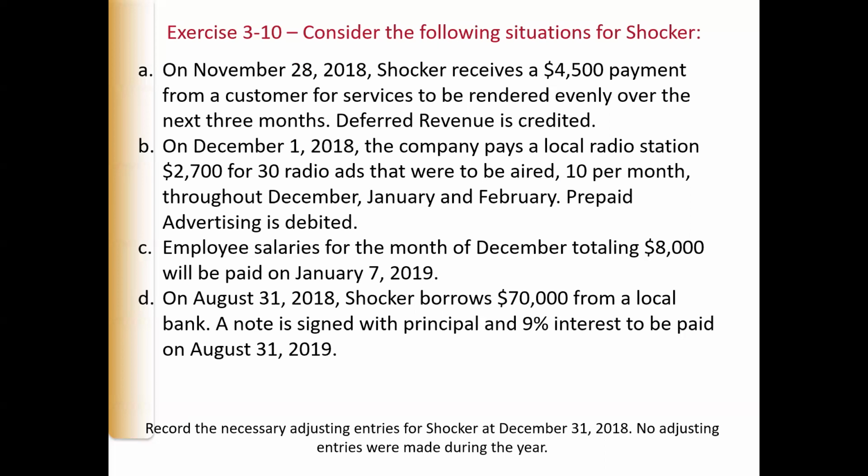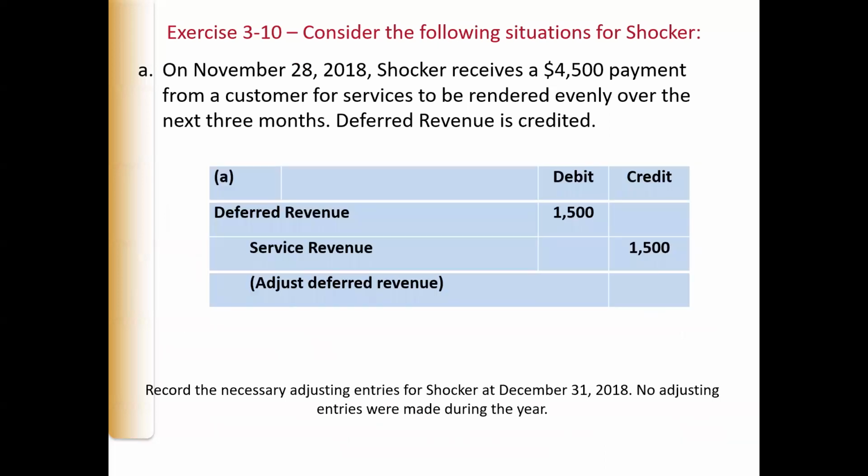Yeah. You're exactly right. So we would debit our deferred revenue for 1,500, and we would credit the service revenue for 1,500. Exactly, because it was a $4,500 payment from a customer for services to be rendered evenly over 3 months.